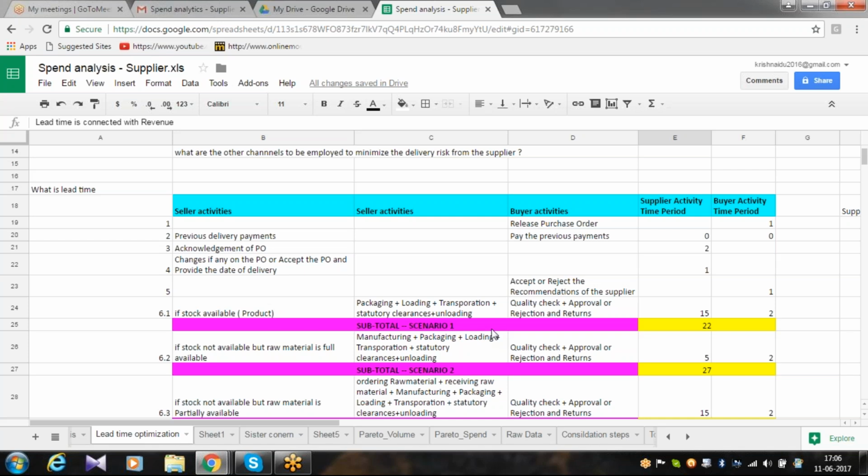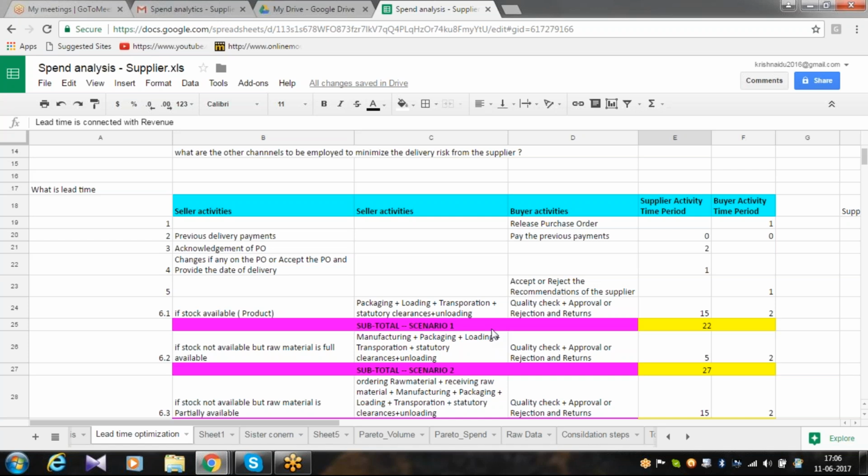How much time is it taking, why is it taking that, does he keep product stock, is he very near to our factory, does he have a distribution facility near to the factory. If he doesn't keep the product stock, does he keep the raw material stock?